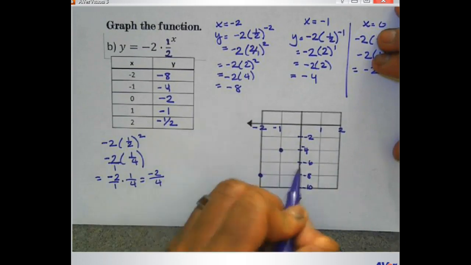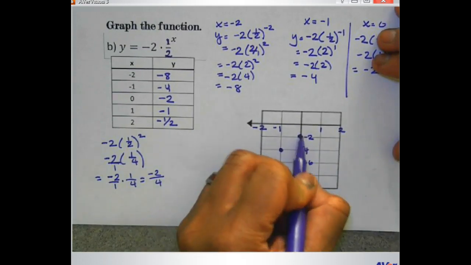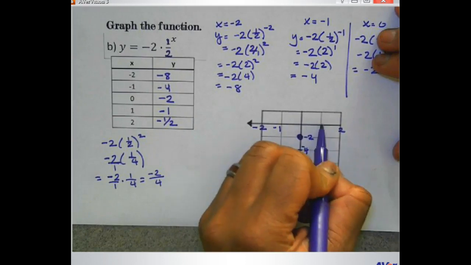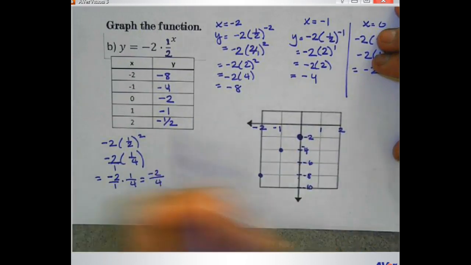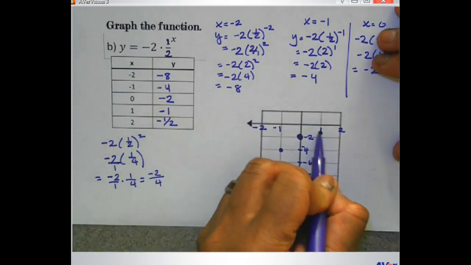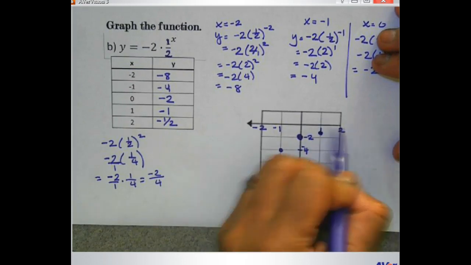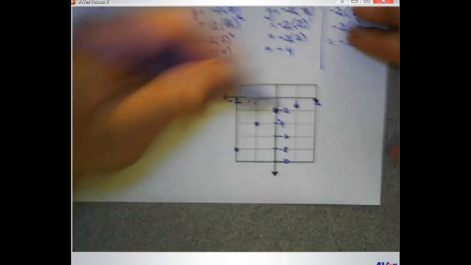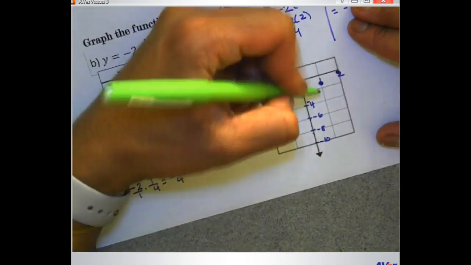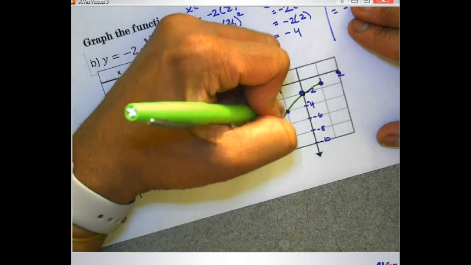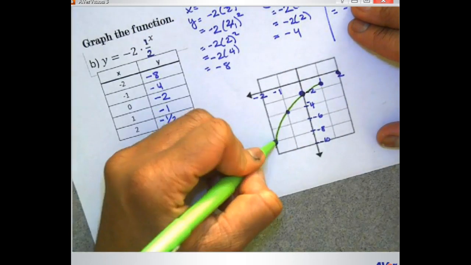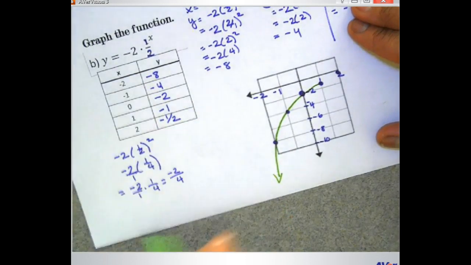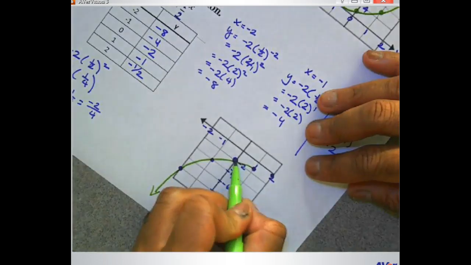So -1 right between 0 and -2. This is getting closer to 0 there. All right. Okay, connect, connect, connect. And this will eventually just go down forever, and then we will approach.